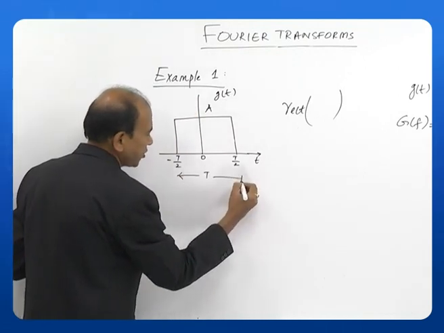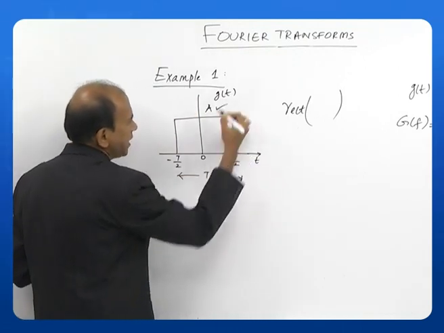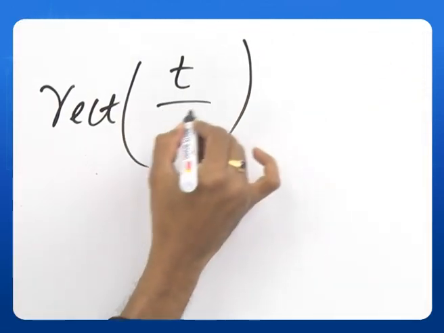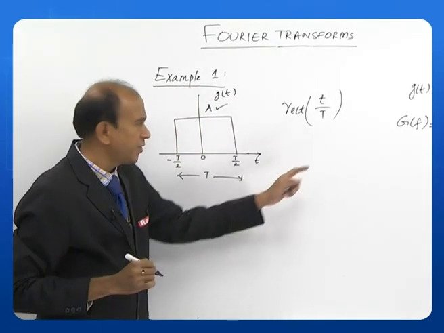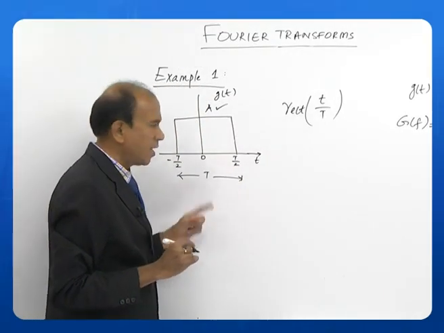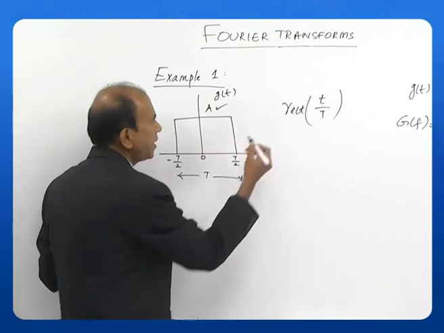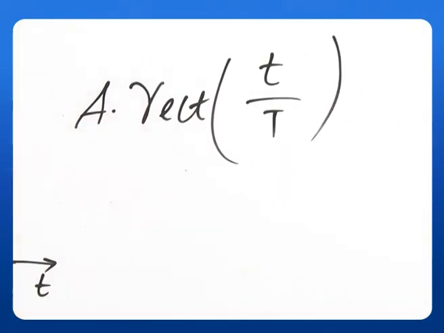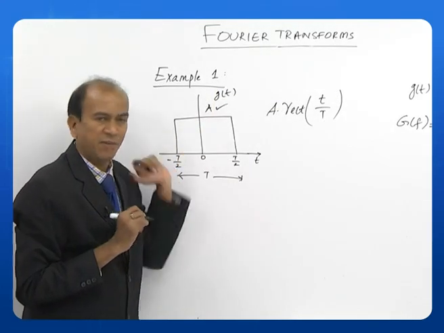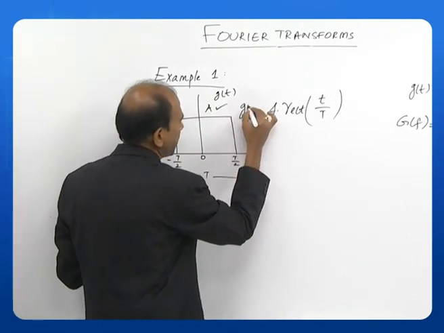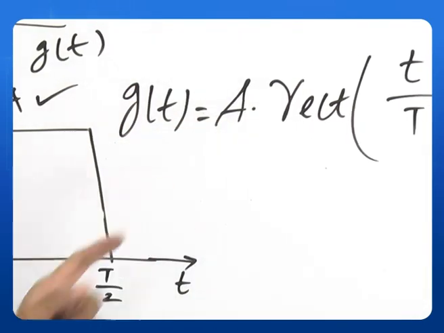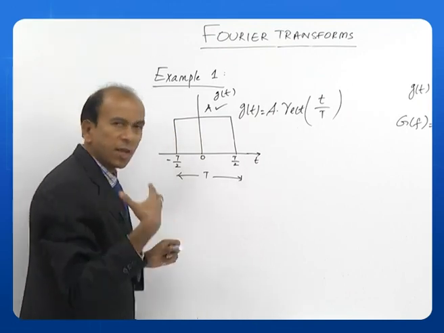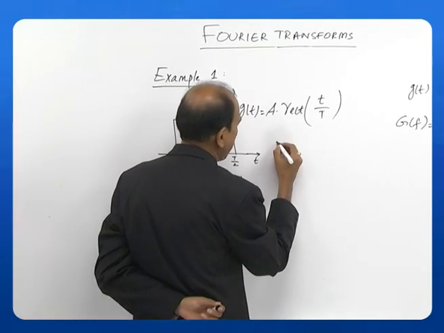The width is T, whereas the amplitude is A. For a unit rectangular function, the width is the same as given here, whereas the amplitude, which is 1 there, now becomes A for us because this is the amplitude of the given function. So, g of t is equal to A rect of t by T.